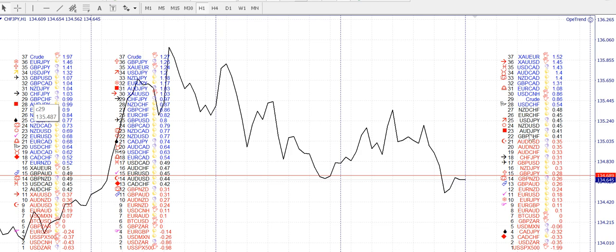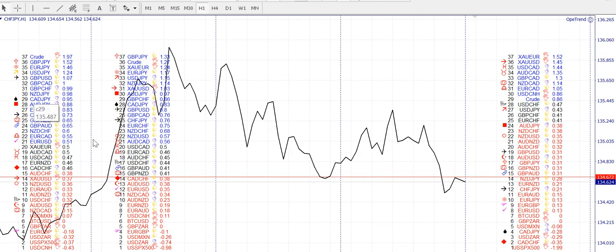We have to wait until USDJPY enters blue. Once it enters blue, we want to see this one in blue also, and this one in blue also. Once that is done, you open a buy order in USDJPY and you hold your position until this one moves down from blue to black or to red.